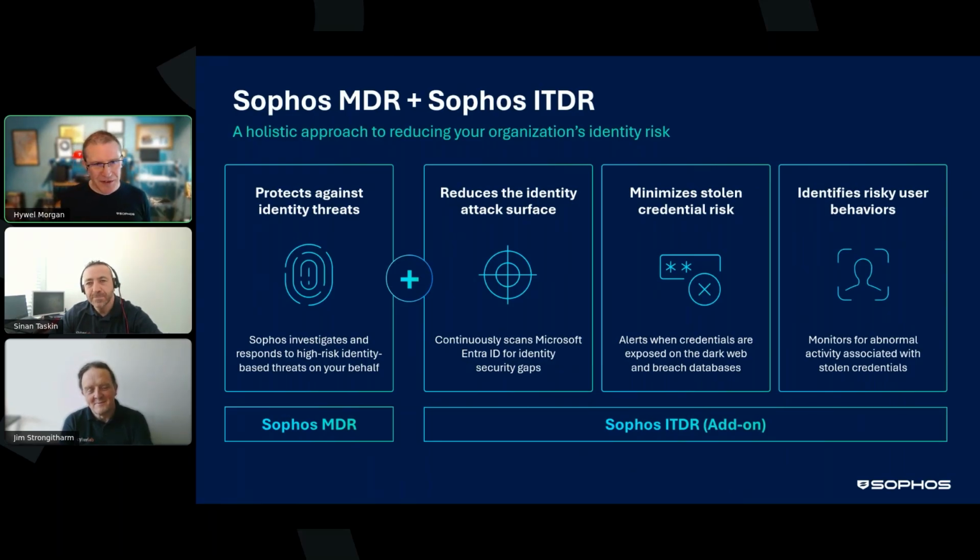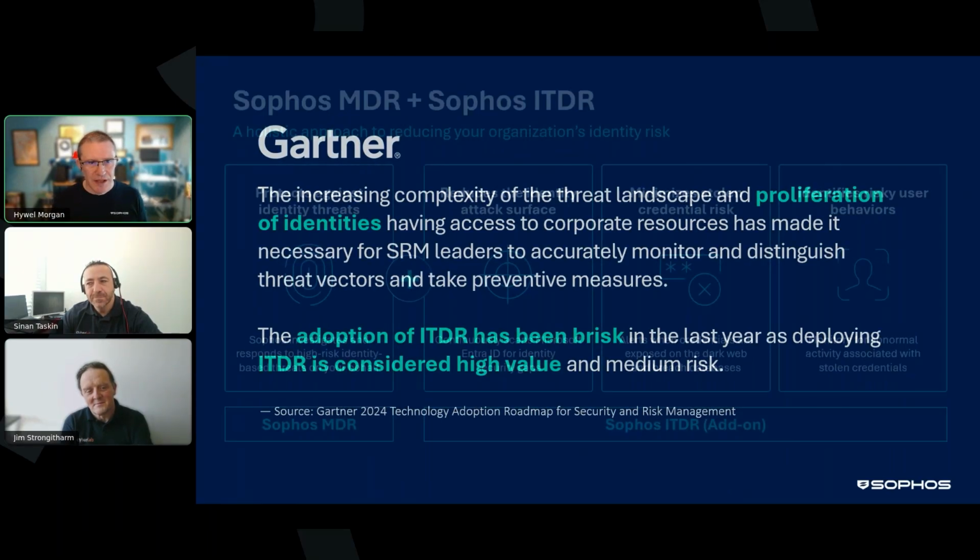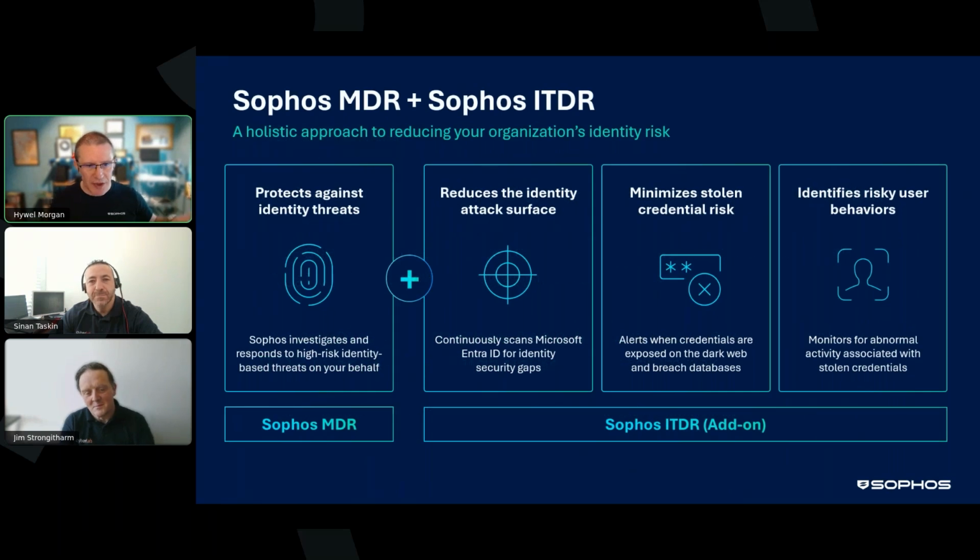And are the conditional access methods being used appropriately? Those things together then feed into MDR, or if you're a Sophos XDR customer, into XDR. And I think I have a quick video here if we have time.